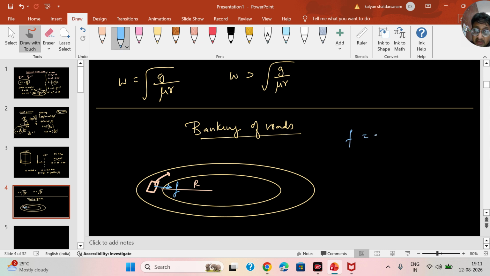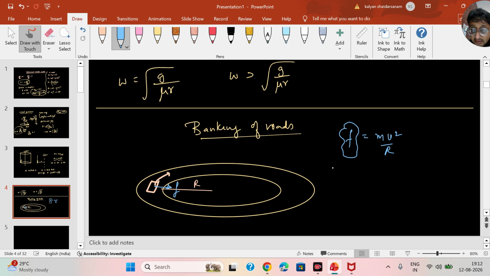So the static friction is responsible for mass into acceleration, m v square by r, or m omega square r. I would want to write here v square by r, because here I am interested in the speed of the car, not omega of the car. Now what happens is, as you try to increase the speed while taking a turn, you are demanding from friction more and more value.